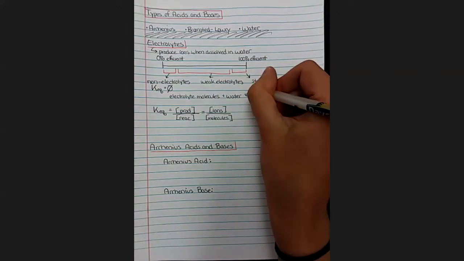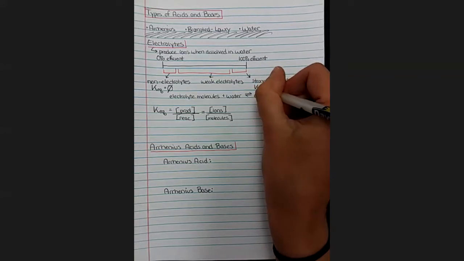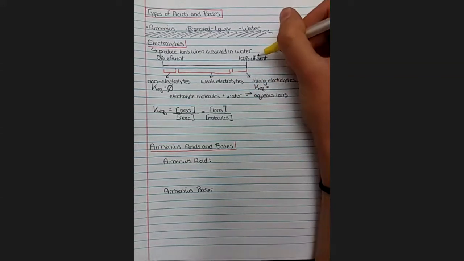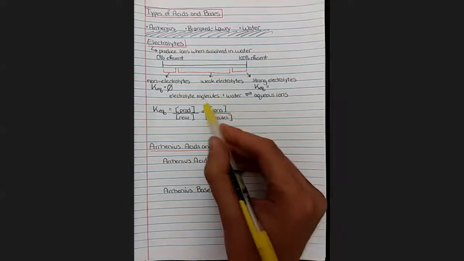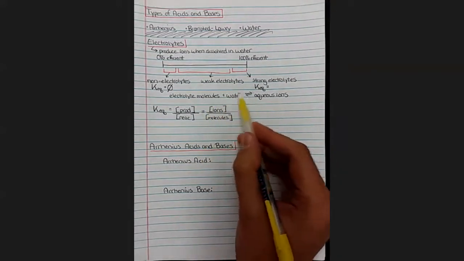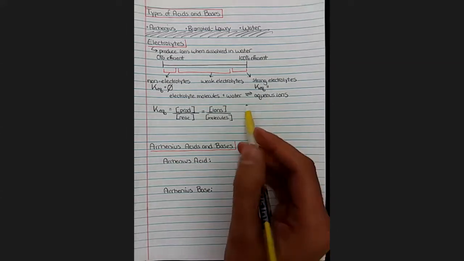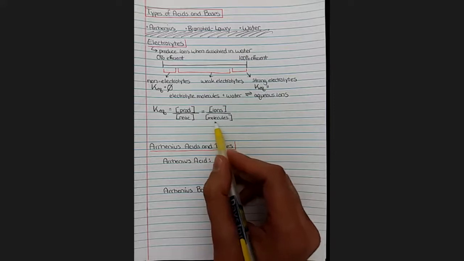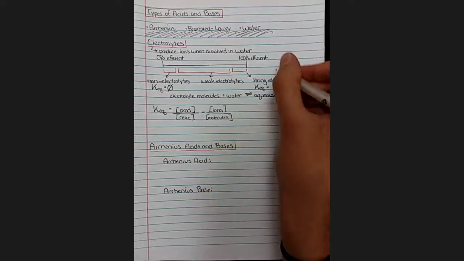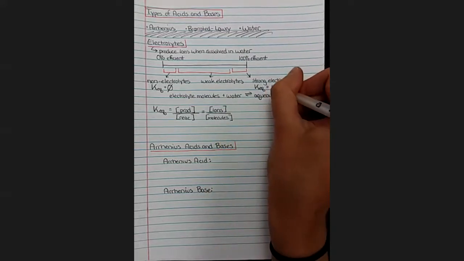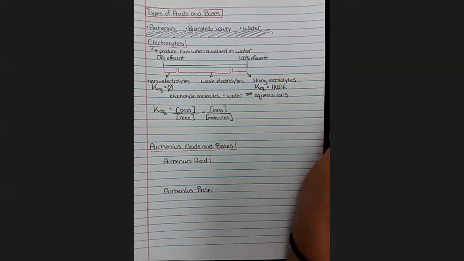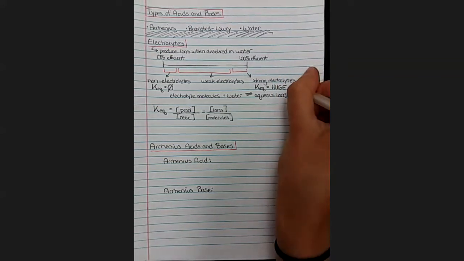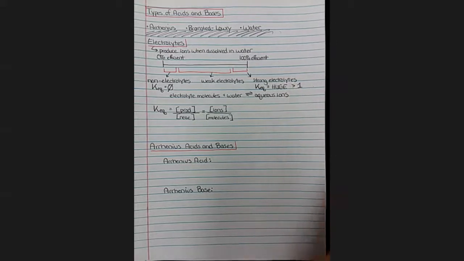Okay, what about for strong electrolytes? Strong electrolytes are here near 100% efficiency dissolving into ions. So this reaction is going to go almost 100% in the forward direction. So we're going to have lots of ions and very few molecules left in their original state. So this is just going to be K equals huge, or more precisely, greater than 1.